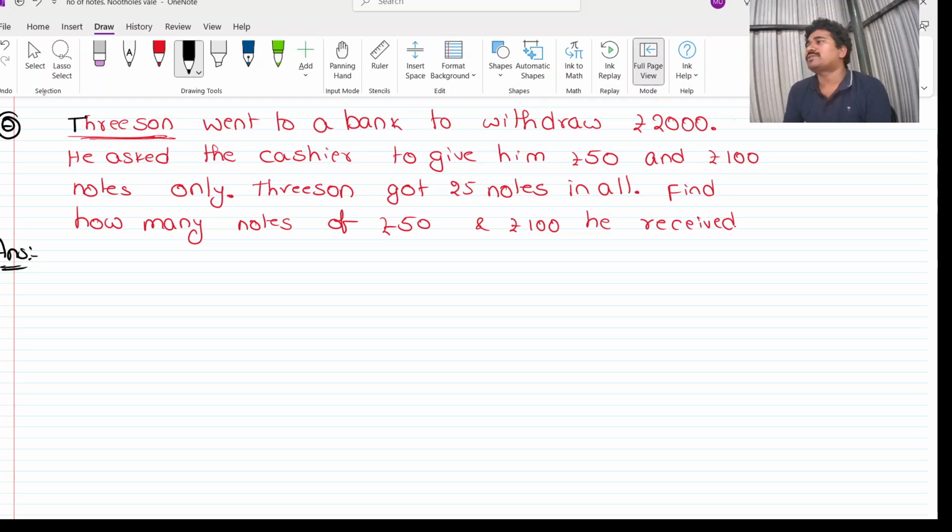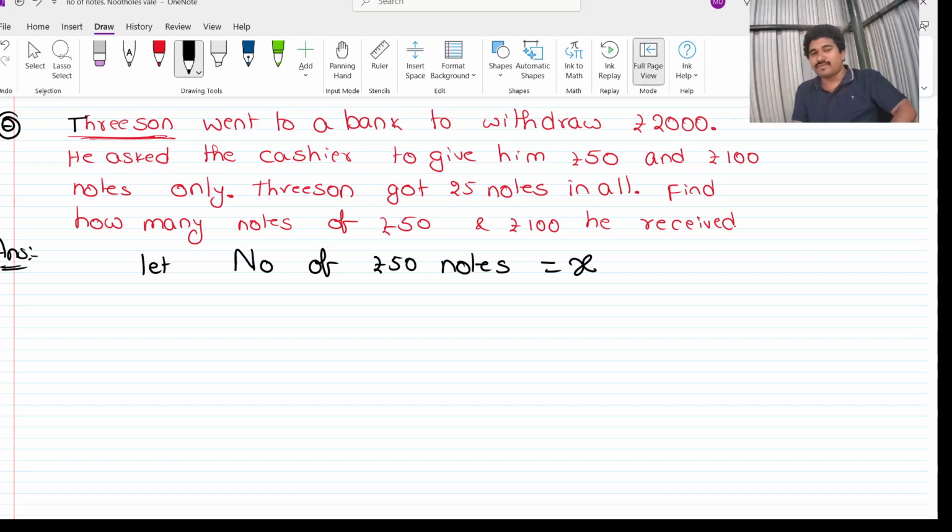Okay. So, sir, how will we solve this, sir? Here very clearly they mentioned number of 50 rupee notes, number of 100 rupee notes. That's what you have to find. So you will take that only. Let number of 50 rupee notes be X. Number of 100 rupee notes be Y. Correct?